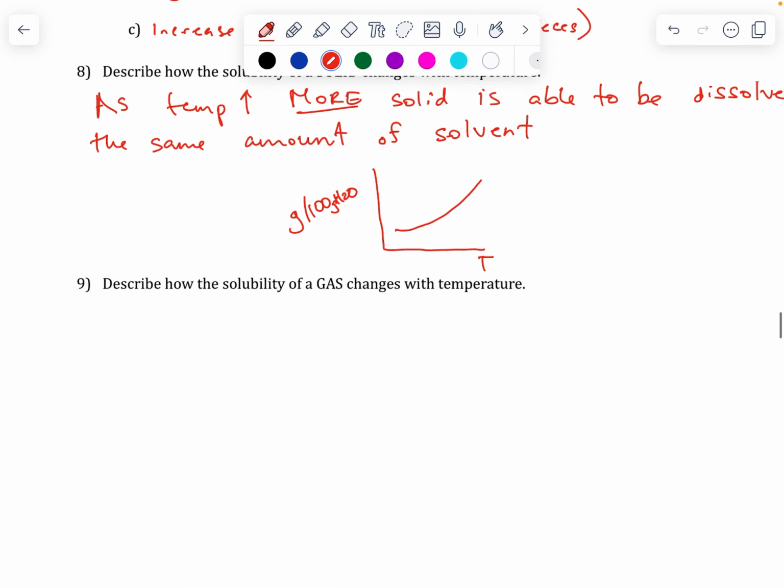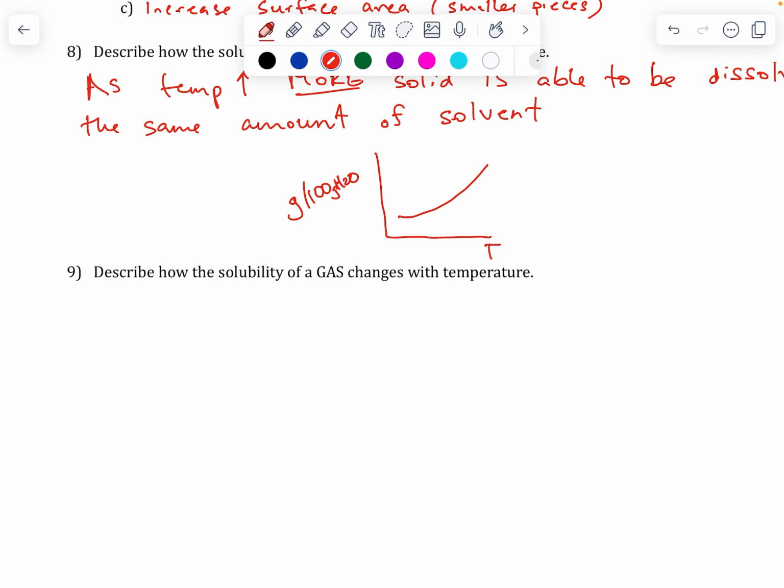And then, of course, gas is actually the exact opposite. So as temp goes up, less gas is able to stay dissolved in the same amount of solvent.